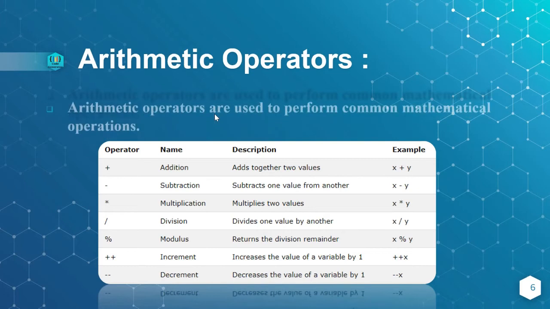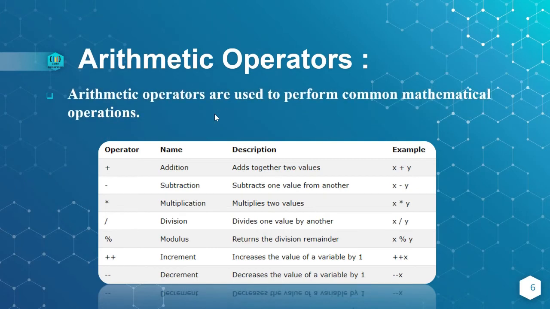First is arithmetic operators. Arithmetic operators are used to perform common mathematical operations like addition, subtraction, multiplication, division, modulus, increment, and decrement. These are the operators which we can use under arithmetic operators.